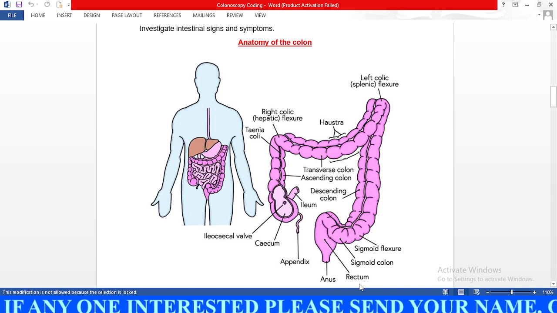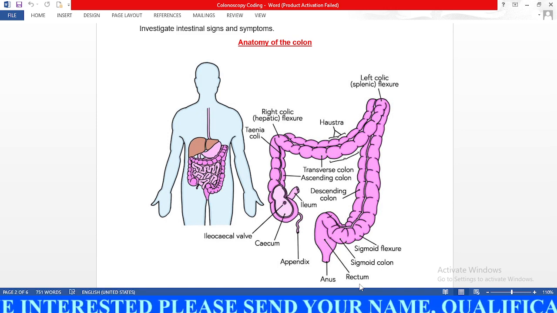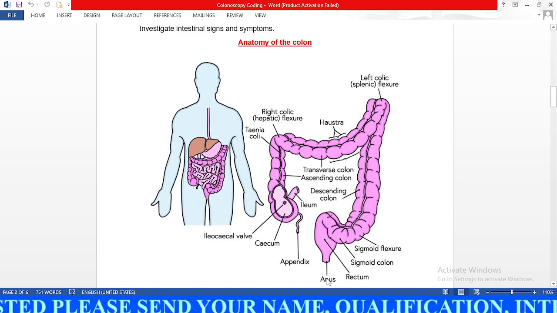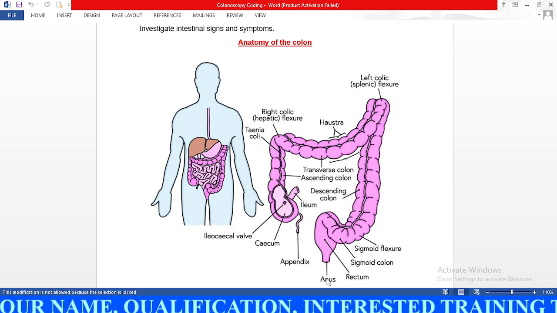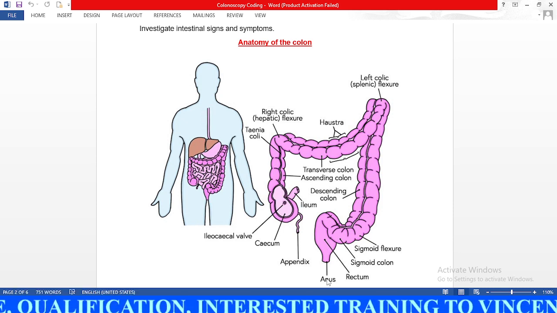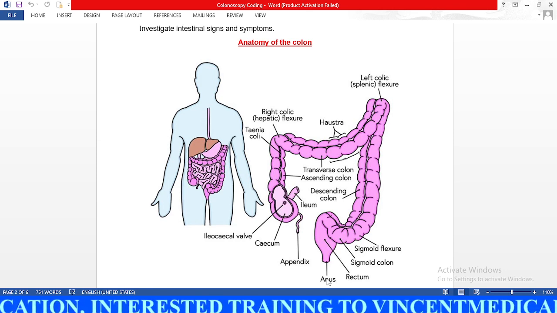So in order to code colonoscopy properly, we need to understand the anatomy of the colon first. Our colon is formed with a combination of different parts. Here we are going to learn those parts involved in the colonoscopy.